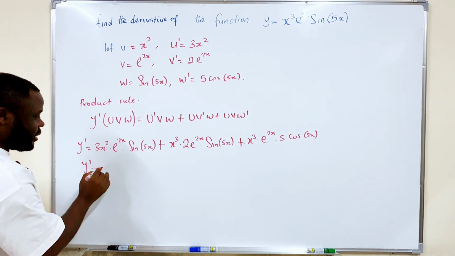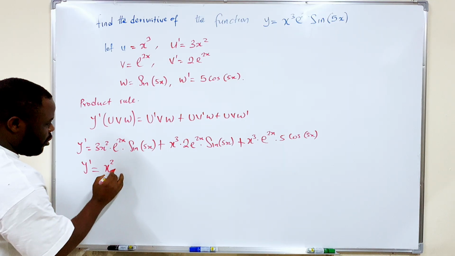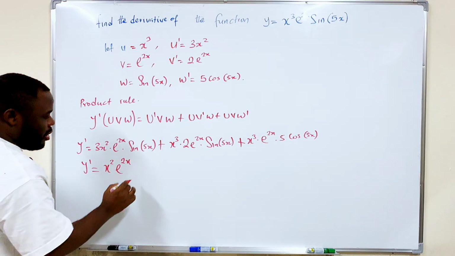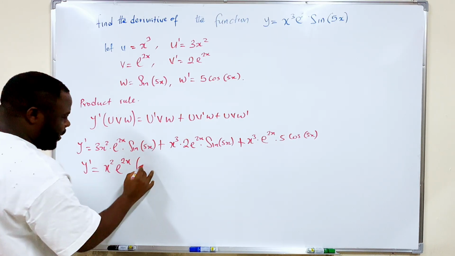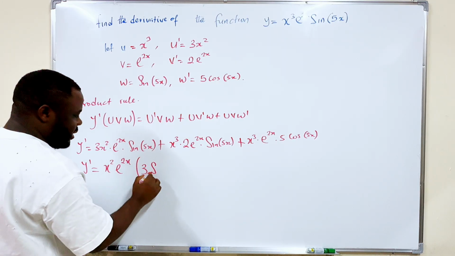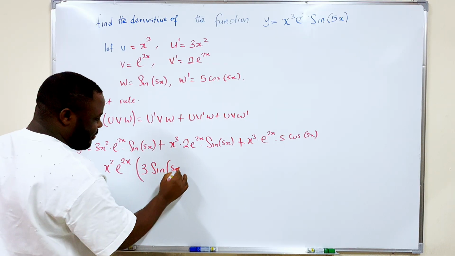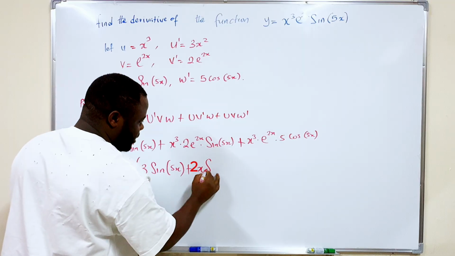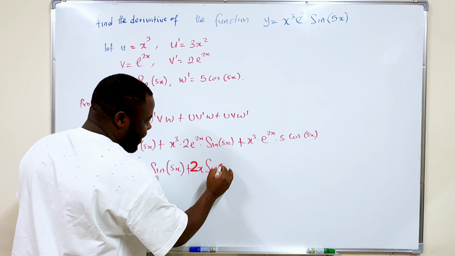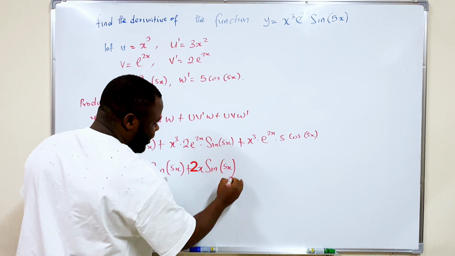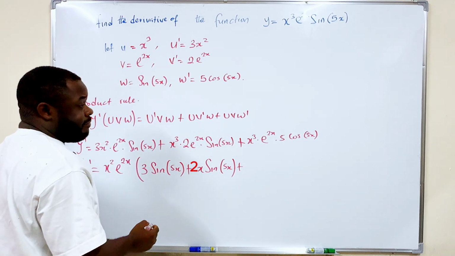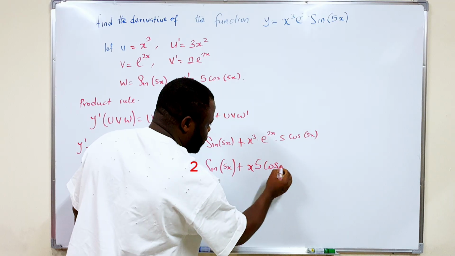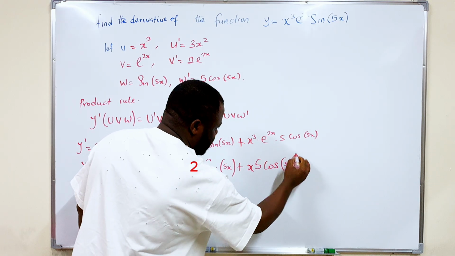So I can put it this way: x squared multiplied by e to the power of 2x, with the bracket containing 3 sine 5x, then plus 2x sine 5x, then plus 5x cos 5x.